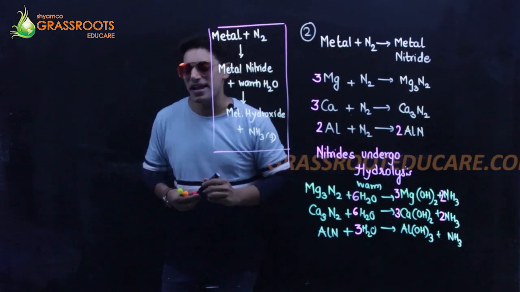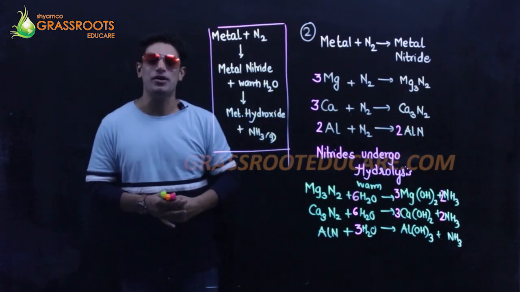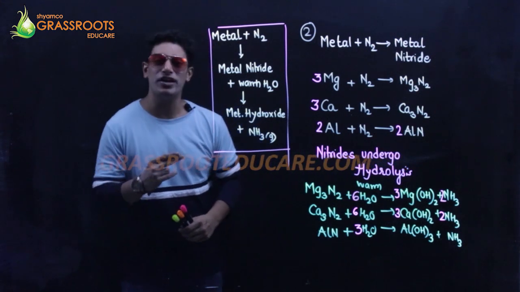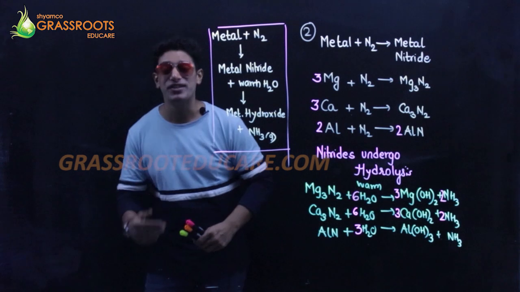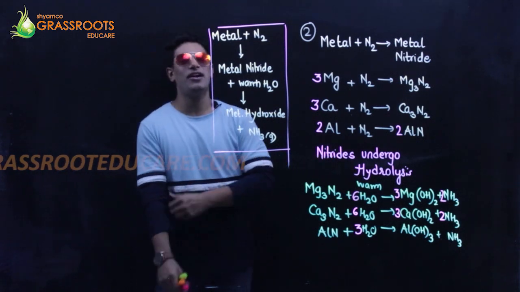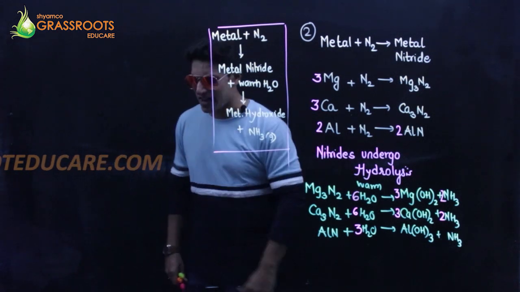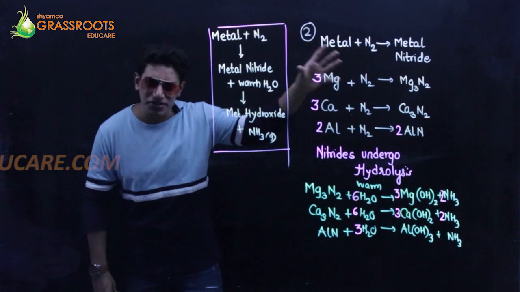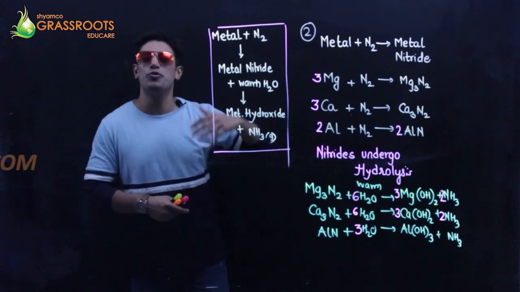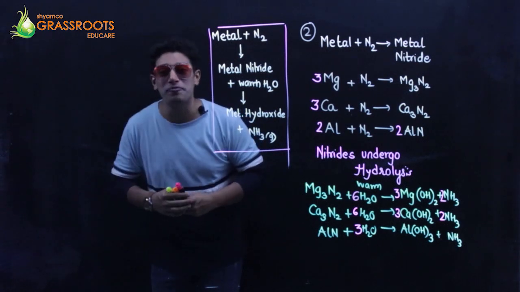However, as I said, this process is called hydrolysis, because the breaking down of a compound, the metal nitride, to give ammonia with the help of water is called hydrolysis. The entire apparatus we are going to use here, also the drying agent to remove the moisture, is the same as the laboratory method of preparation.